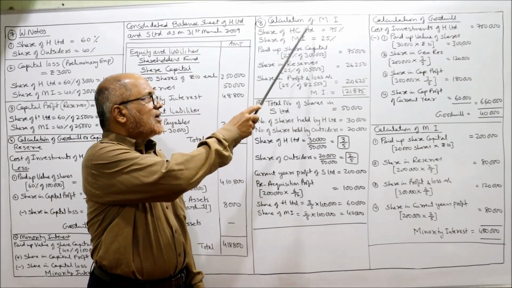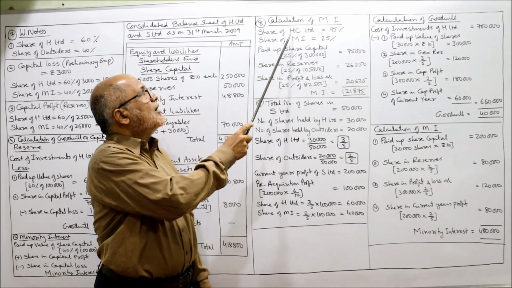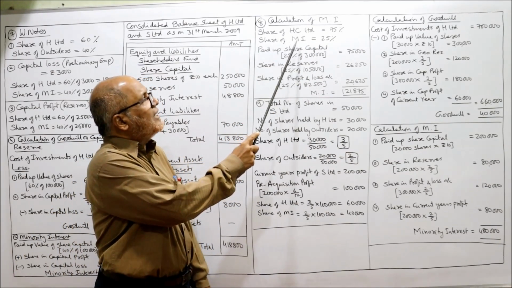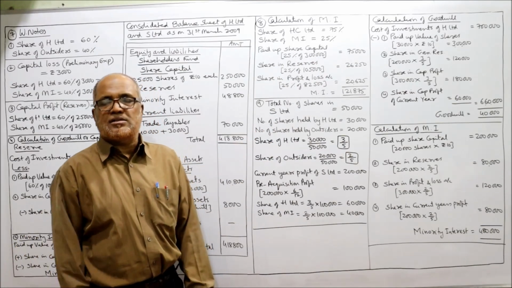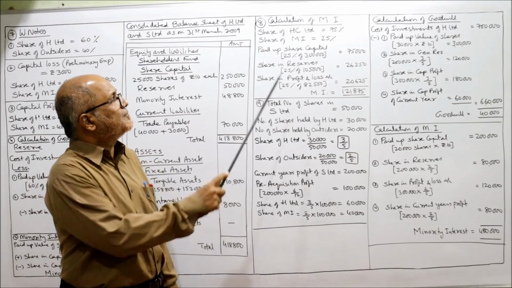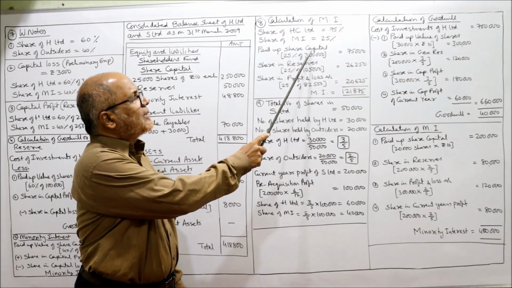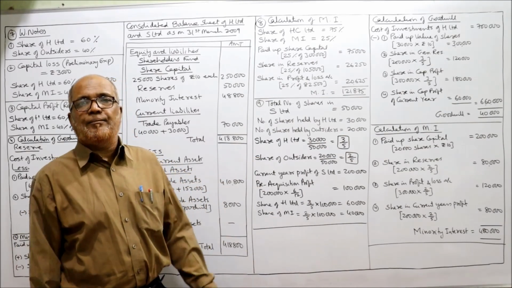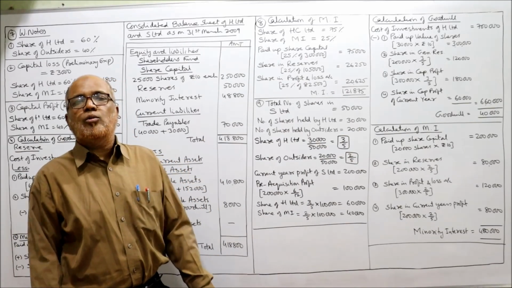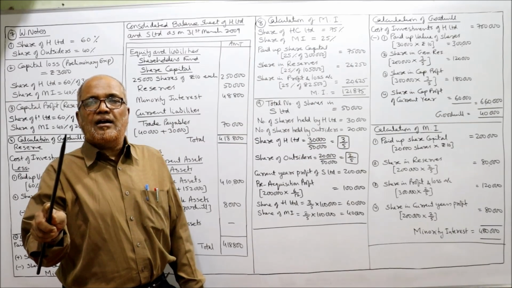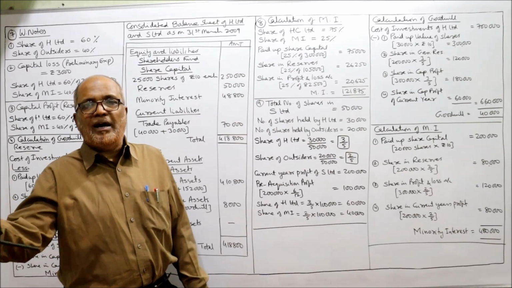See here, calculation of minority interest. Share of HC Limited is 75% and share of minority interest is 25%. But we have to calculate minority interest. Paid up share capital: the total paid up share capital of SC Limited is 3 lakh. It is given in the problem. In that 3 lakh, 25% is of minority interest.